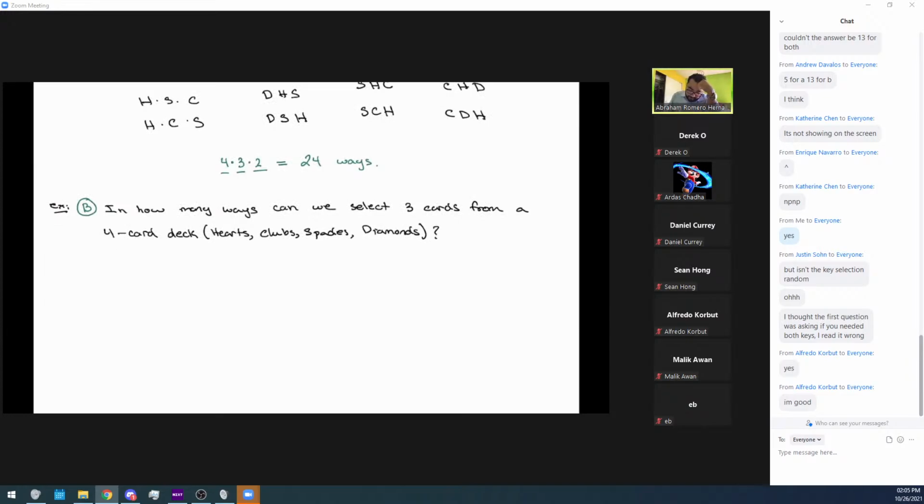Suppose we select the hearts, then I select the clubs, and then I select the spades. Sweet. So there's 3 cards that I selected. I could also have selected the clubs, the spades, and the diamonds.